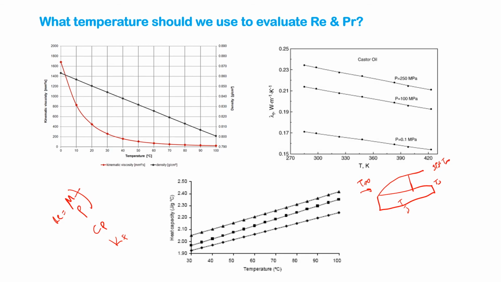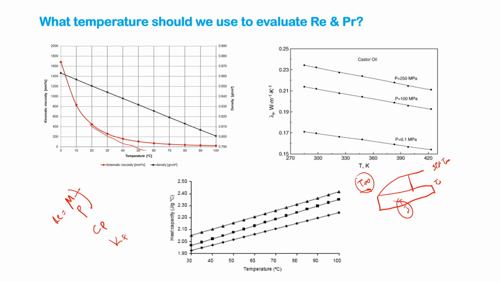And if you take a look at this graph, kinematic viscosity is a very strong function of temperature. Density is a weak function, it is linearly changing, but this is an exponential decay. So the kinematic viscosity is strongly changing with temperature. So the question is, at what temperature do you need to evaluate these properties?